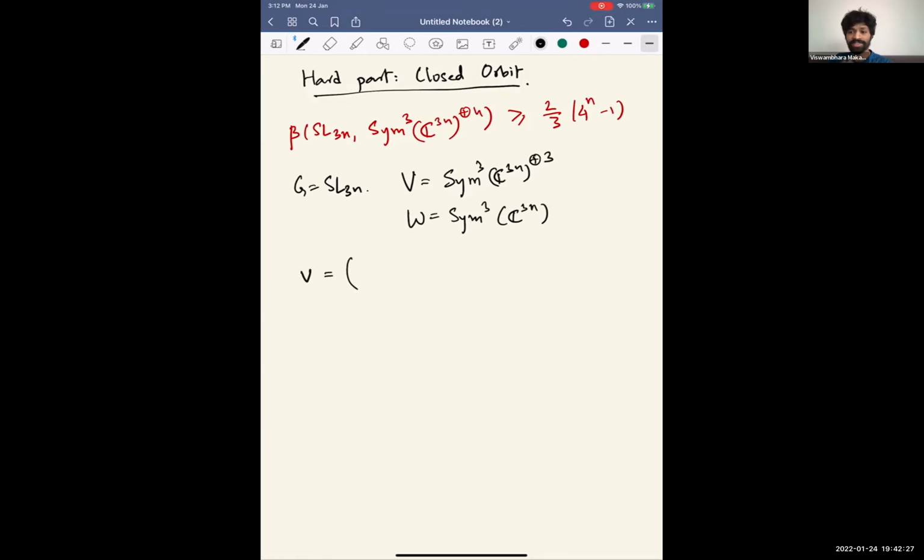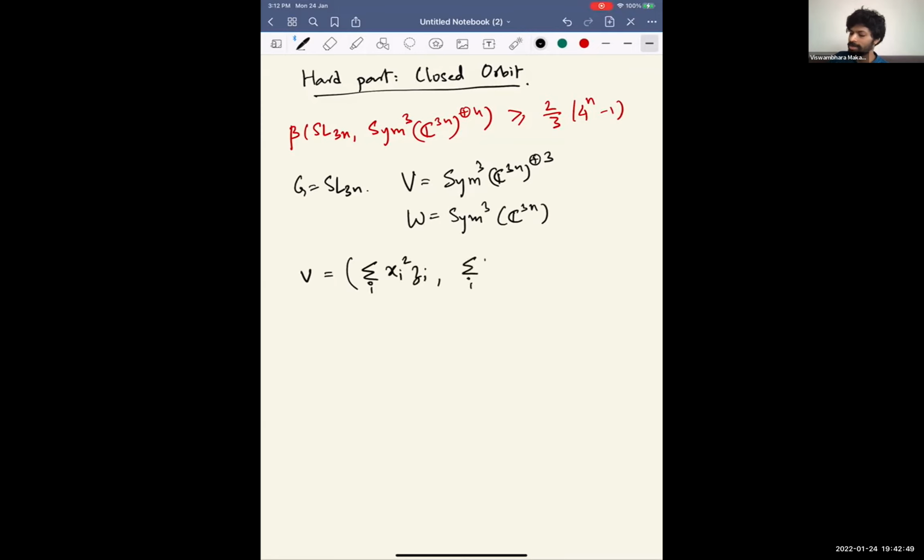So remember, the basis for C3n for me was x1 to xn, y1 to yn, and z1 to zn. So I need three polynomials. I'm going to pick something inside this vector space, Sym3 C3n. So three tuples of degree 3 polynomials. So I have to give you three degree 3 polynomials. The first one is going to be the sum over i of xi squared zi.